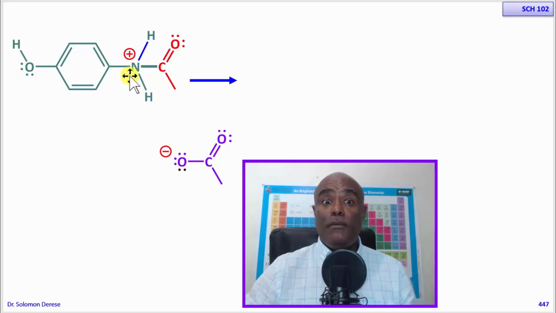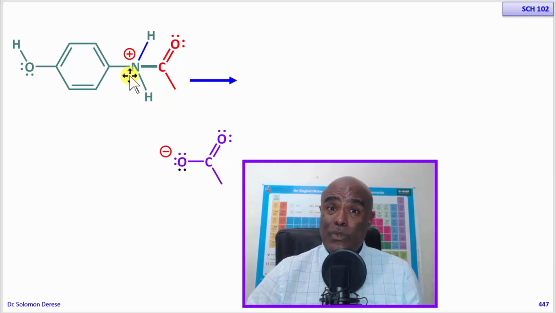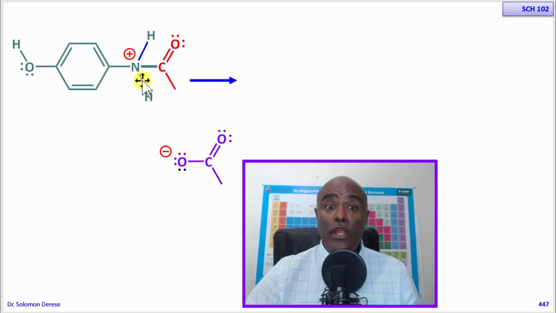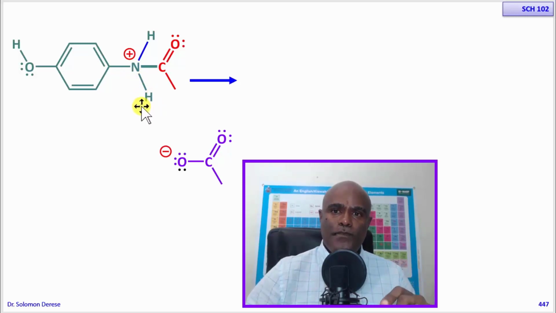But now we have put a positive charge on the nitrogen, so the nitrogen aggressively pulls the electrons of this bond towards itself. The electrons of the nitrogen-hydrogen bond go to neutralize the positive charge that's developed on the nitrogen. When these electrons go to neutralize the positive charge on the nitrogen, they are taking electrons away from the hydrogen. As a result, this hydrogen becomes positively charged. This is a case like the hydronium ion. Hydronium ion is a hydrated acid.